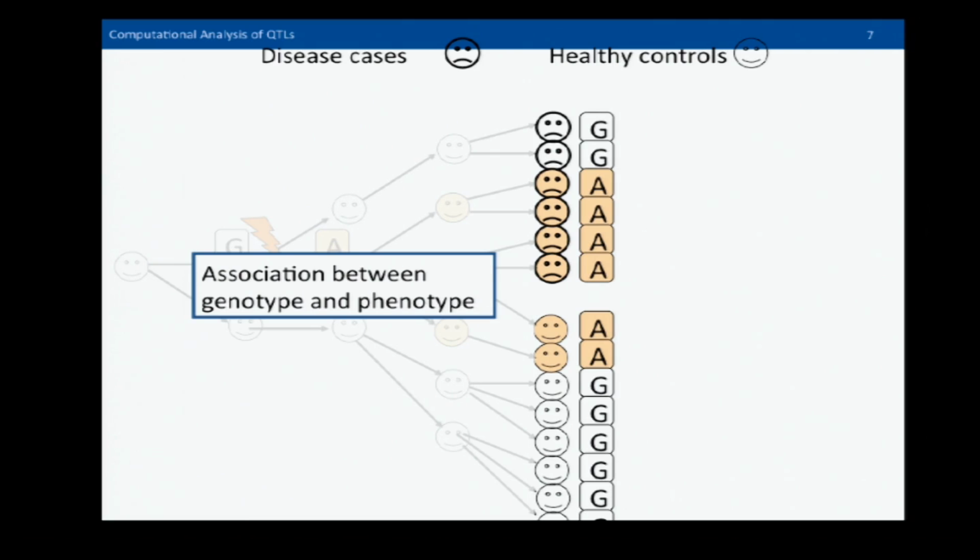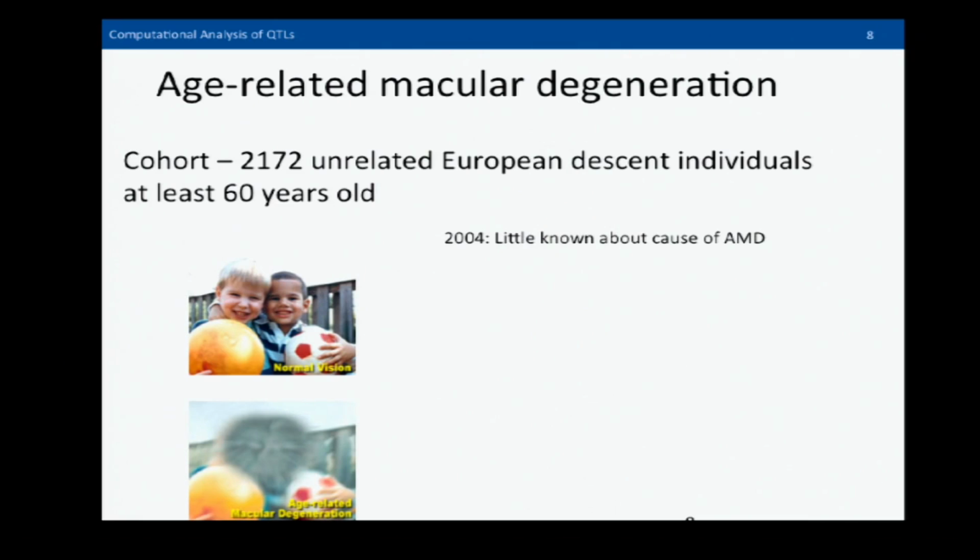So in certain older individuals, hopefully not myself in the future, your macula, which is the center of your eye, degenerates as shown here, and you get this unfortunate property where you can't actually see in the center of your field of vision.